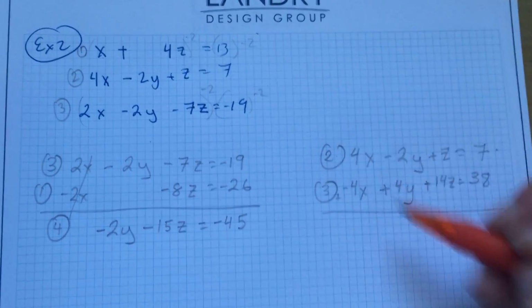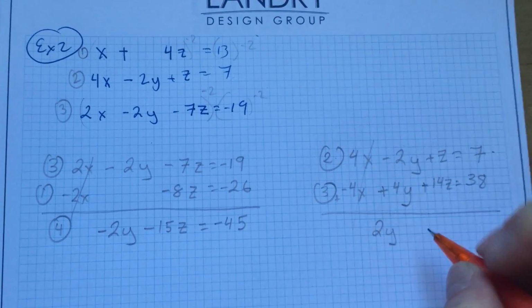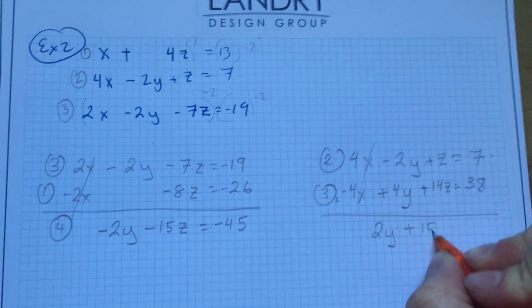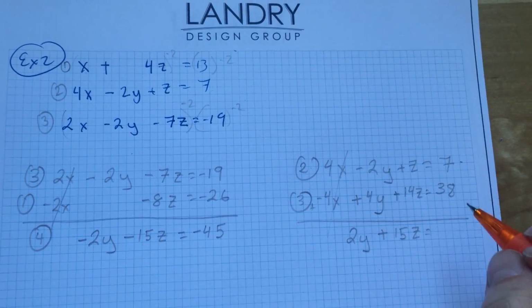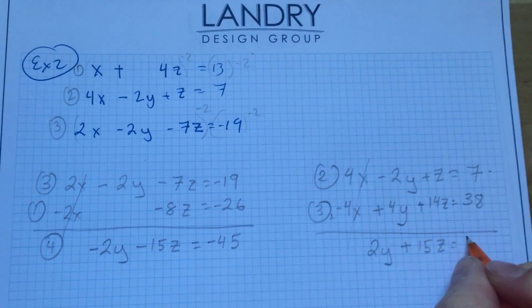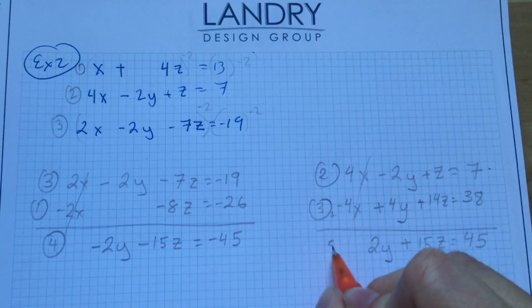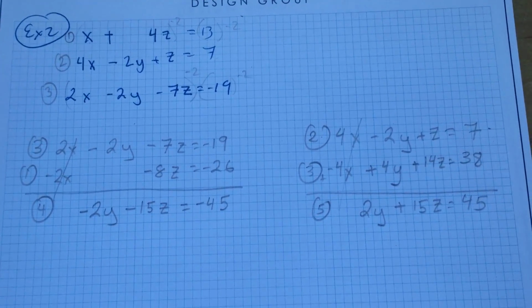Add them up. X is gone. We are left with a positive 2y this time, a positive 15z, and 38 plus 7 is 45. Notice, the fourth equation and fifth equation are opposites of each other.